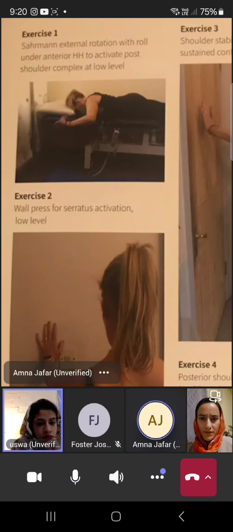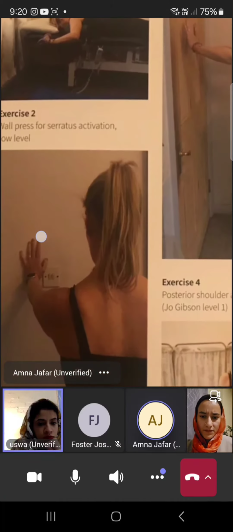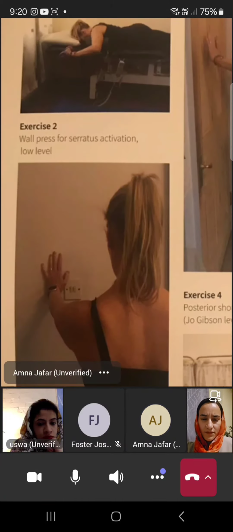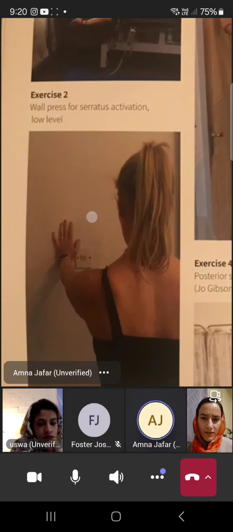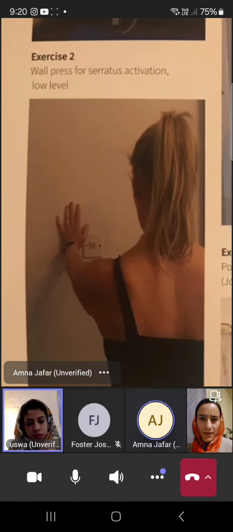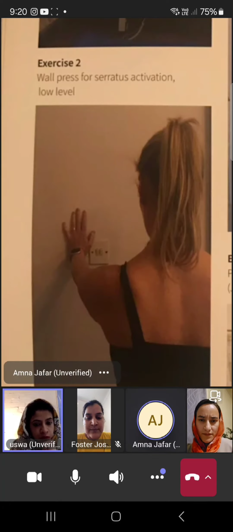Exercise 2 is the wall press for serratus anterior activation at low level. Then exercise 3, I hope you guys can see. With these exercises, you will be able to understand what this article wants to teach us.